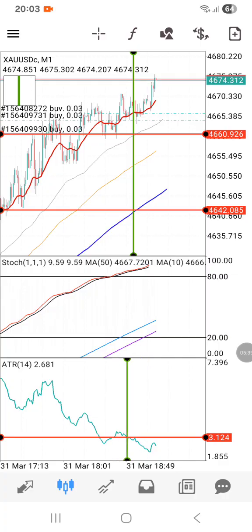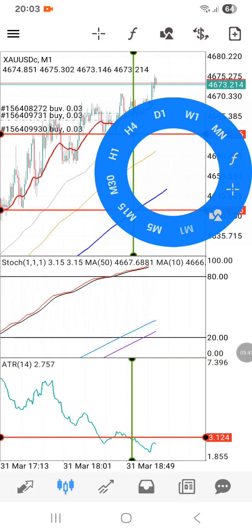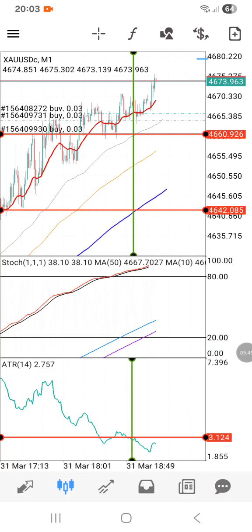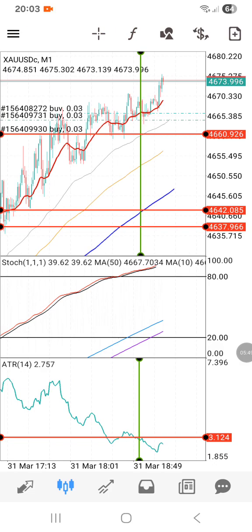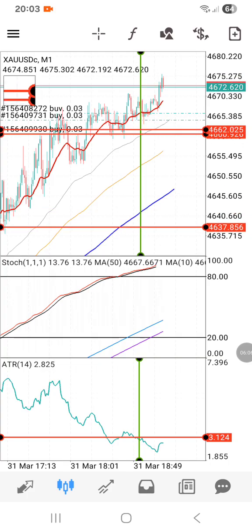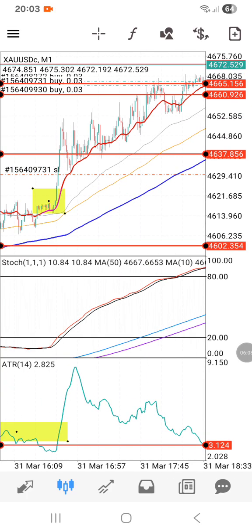The ATR of that particular point should be around 3.12. So the blue line where my stop loss ought to be is at 4642.08 minus 3.12. That should be 4639 or thereabouts. So my stop loss should be somewhere here.